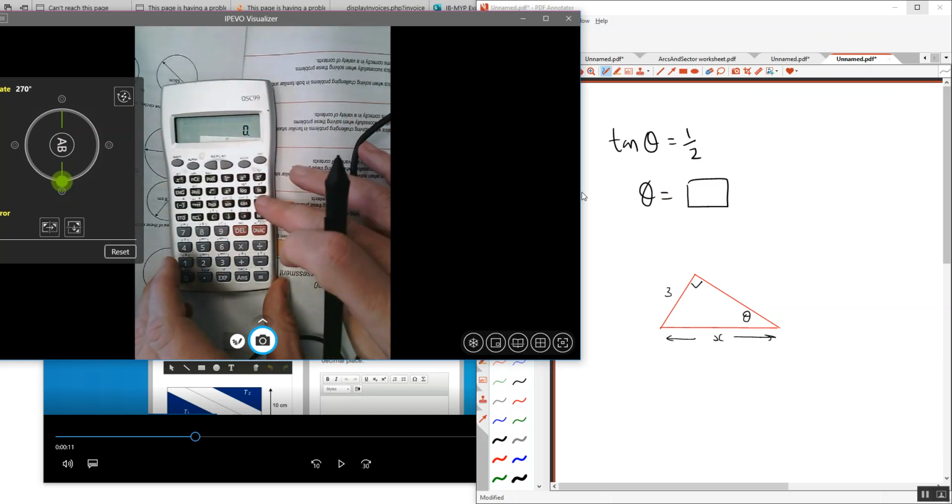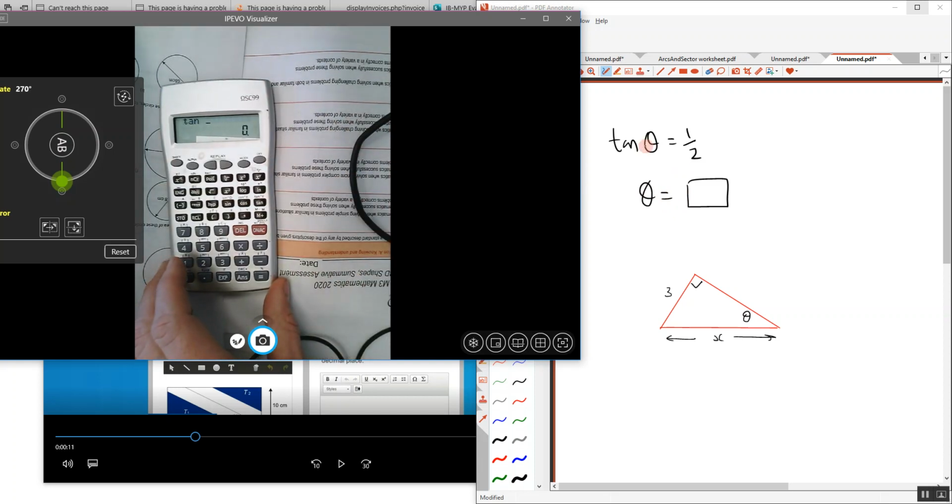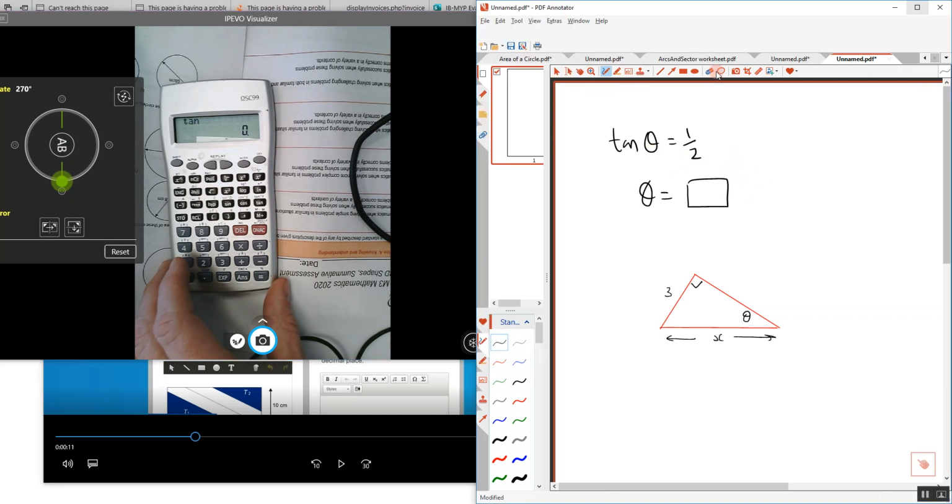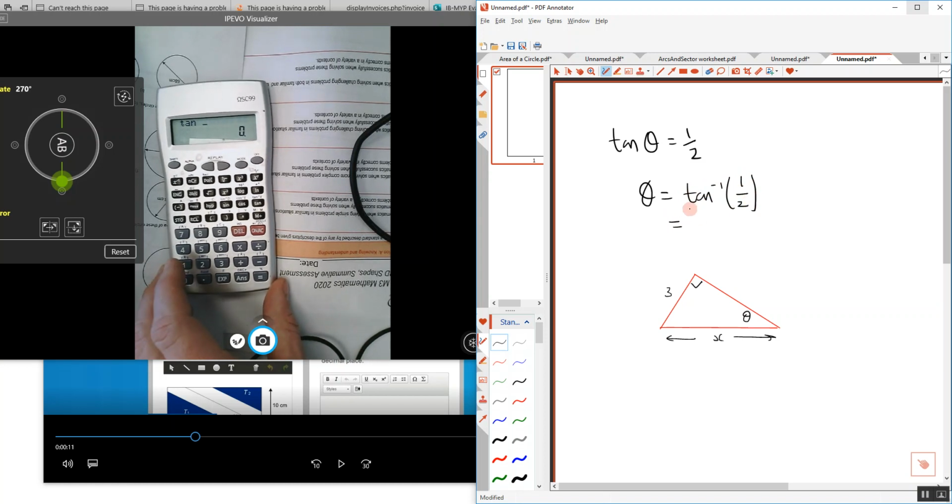Inverse what? Inverse tan, because we're dealing with tan. So it's inverse tan of 1 over 2, of 1/2. 15 over 30, or 15 over 30, same thing.